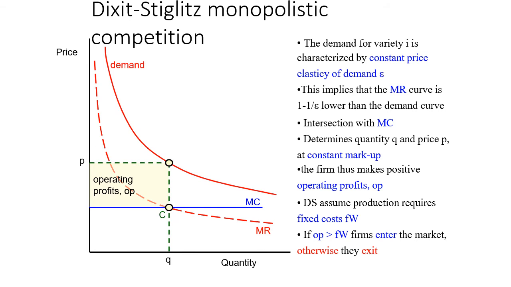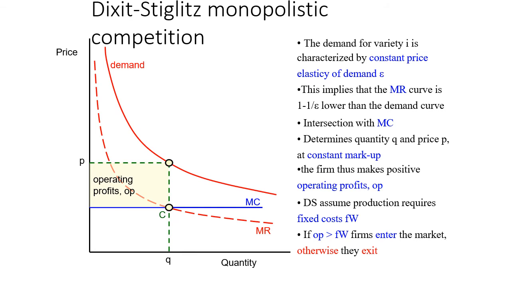If the operating profit is more than the fixed cost, then the firm enters into the market. That is important. Remember, when marginal revenue equals marginal cost, that is the point where monopolistic competition would price. At that particular point, you're making operating profits. These operating profits that you make must cover your fixed cost, or it must be more than your fixed cost.